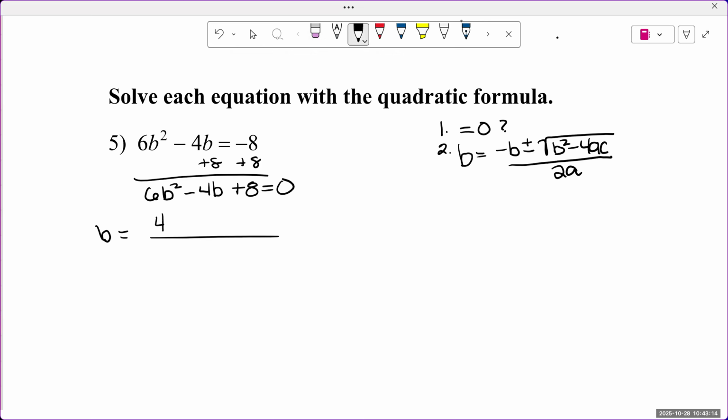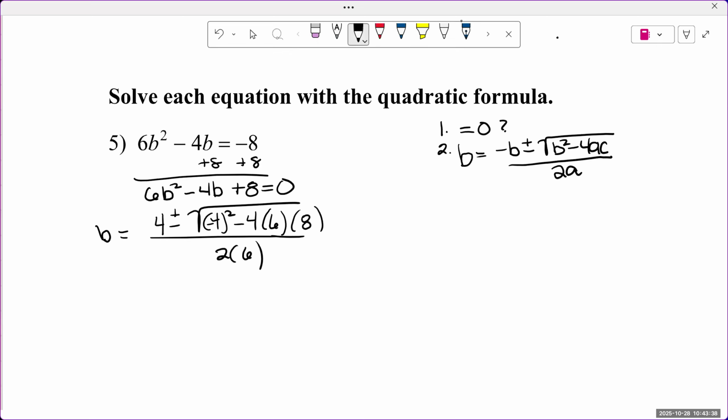negative b, opposite of b, plus or minus the square root of b squared. That right there, since you're squaring it, will always be positive. Minus 4 times a times c all over 2 times a.